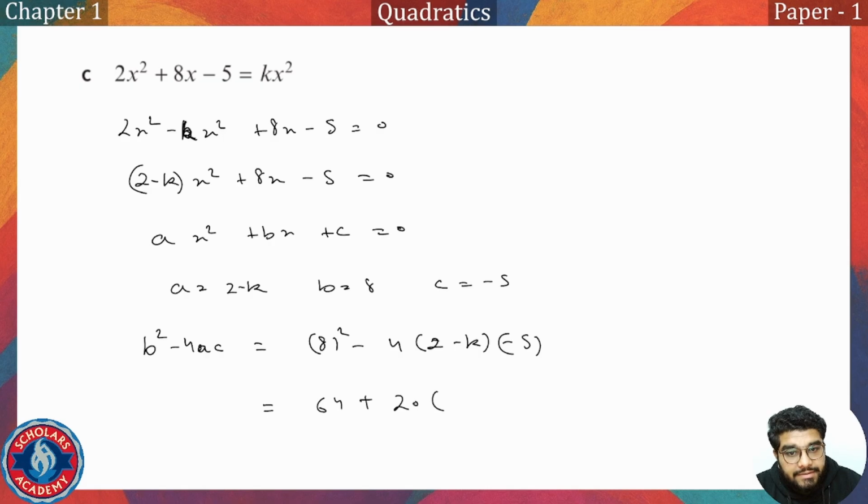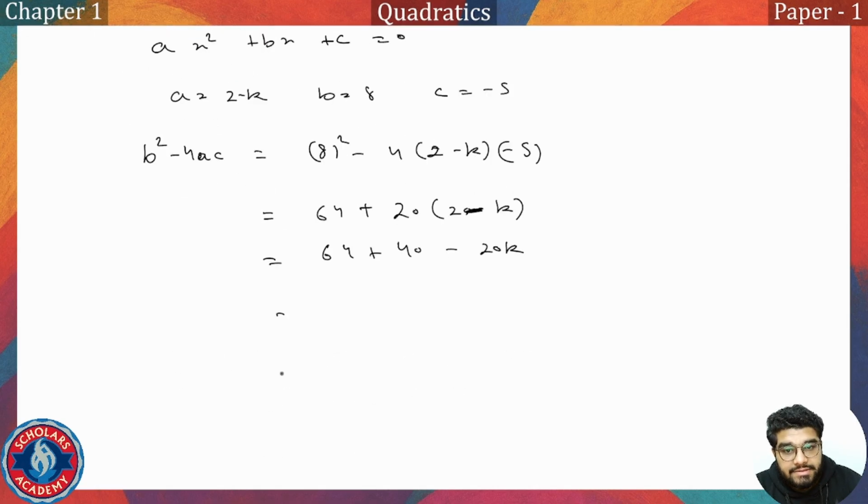plus 20 times 2 minus k, and that is equal to 64 plus 40 minus 20k, is equal to 104 minus 20k. So value of b square minus 4ac should be less than 0. It means 104 minus 20k should be less than 0.